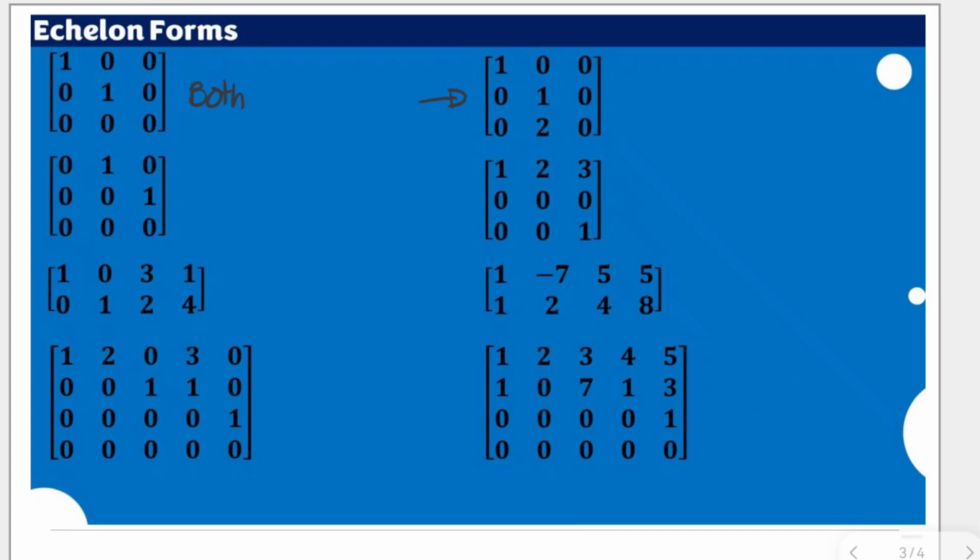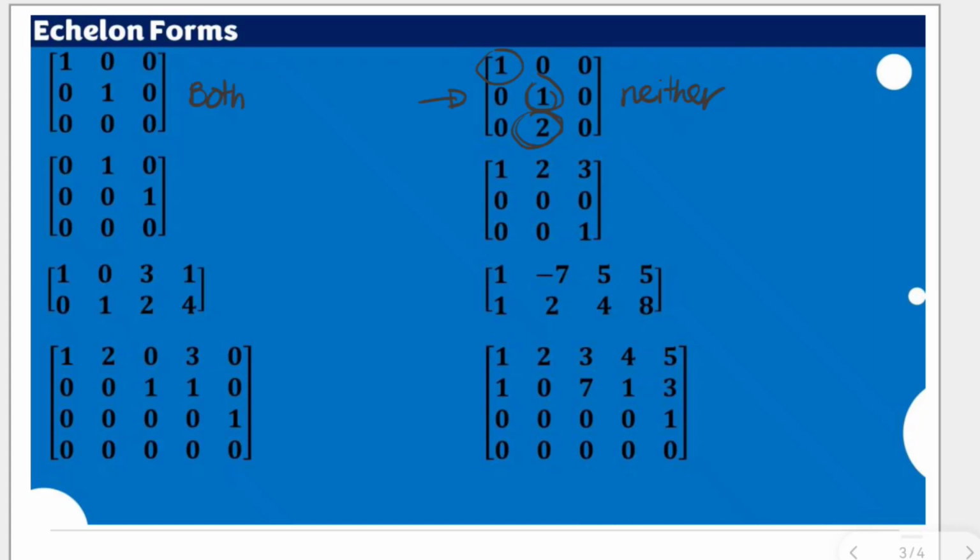Okay, we have a leading 1. However, we have an entry here which is 2 right below the leading 1. This is neither reduced row echelon nor row echelon, because we have an entry which is non-zero below the leading 1.